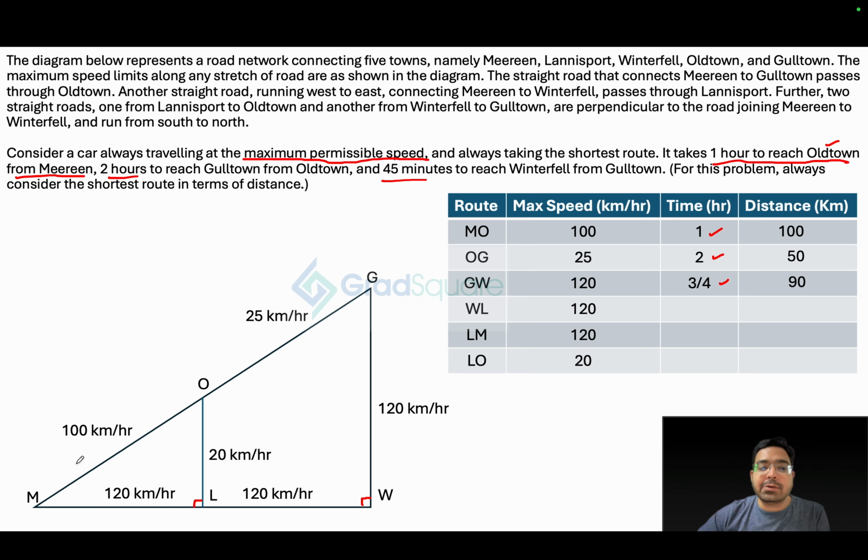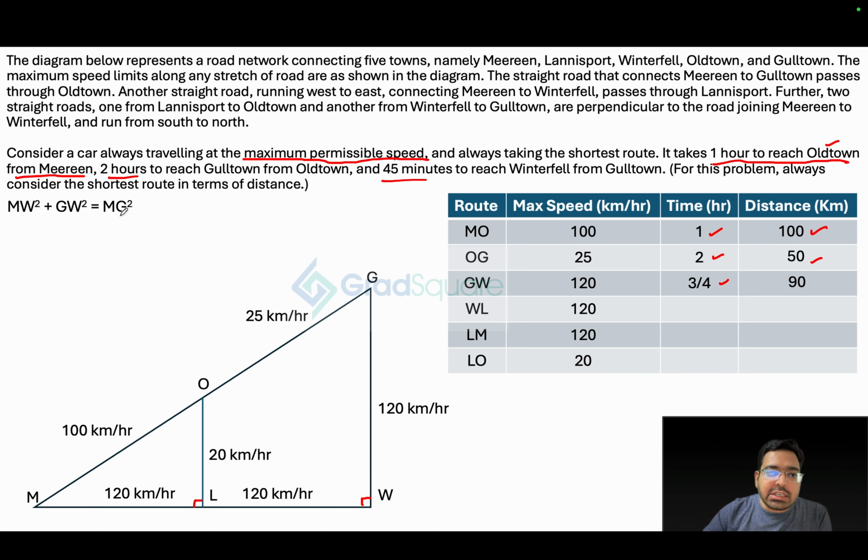As mentioned earlier, MGW is a right angle triangle at W. That means you can apply the Pythagoras theorem where you say MG square is equal to GW square plus WM square, correct? Now, we know the length of MG. What is the length of MG? It will be MO plus OG. MO was 100 and OG was 50.